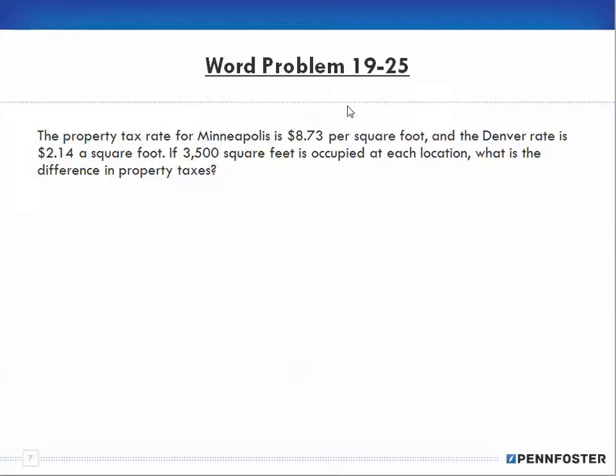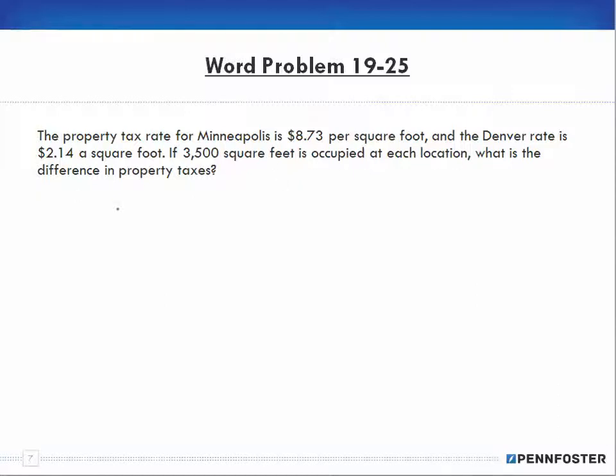All right, and the last one is: the property tax rate for Minneapolis is 8.73 per square foot, and the Denver rate is 2.14 per square foot. If 3,500 square feet is occupied at each location, what is the difference in property tax?